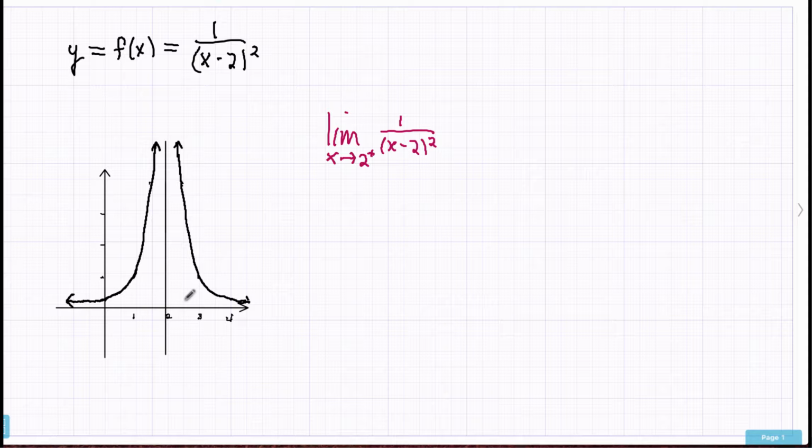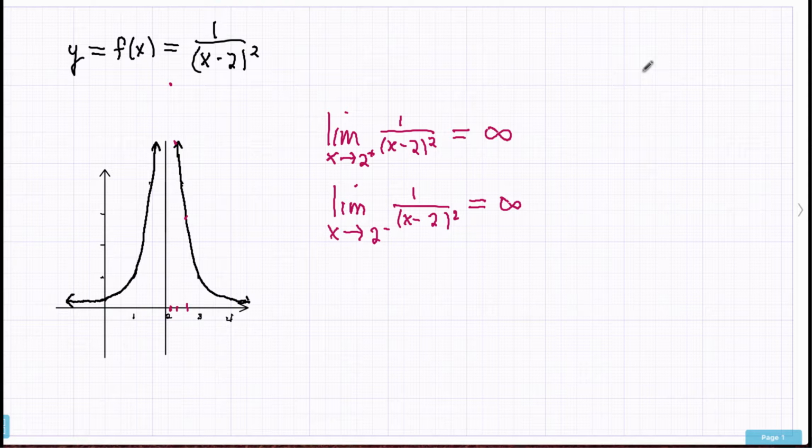If we imagine a list of numbers that are bigger than 2, but are getting closer and closer to 2, corresponding to those are going to be points on the graph. I can't even fit those points on my graph anymore. And you notice that as we get closer and closer to 2, the corresponding points are climbing upwards. The y coordinates are going to infinity.